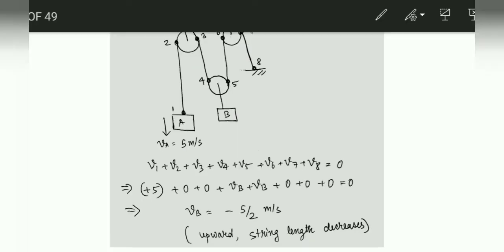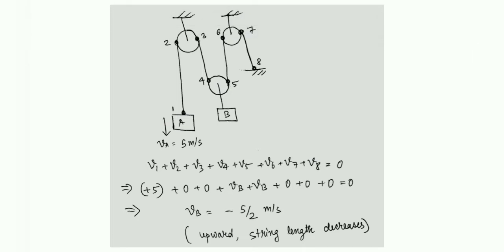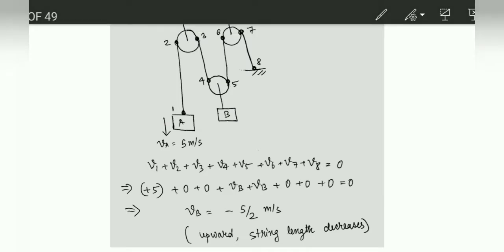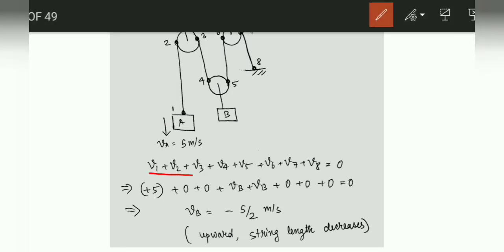We had numbered them here already, as you can see: 1, 2, 3, 4, 5, 6, 7, 8. Now our task is to write V1 plus V2 plus V3 plus V4 plus V5 plus V6 plus V7 plus V8 is equal to 0.